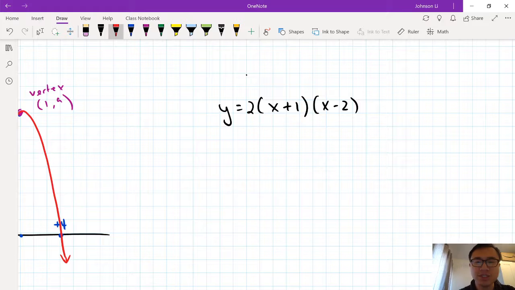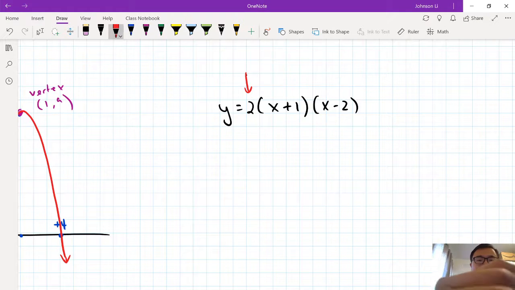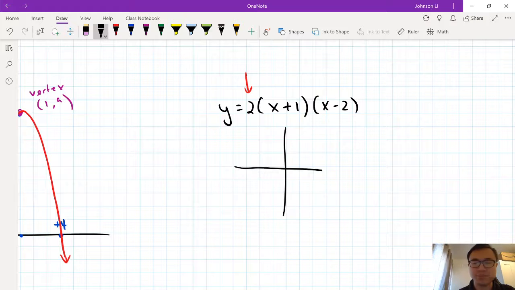A good way to check your answer is: does your graph open up or down according to what your number in front here is? Because this number is positive, or there's no number, your graph should always look like an upright U, in other words, one that is not upside down.